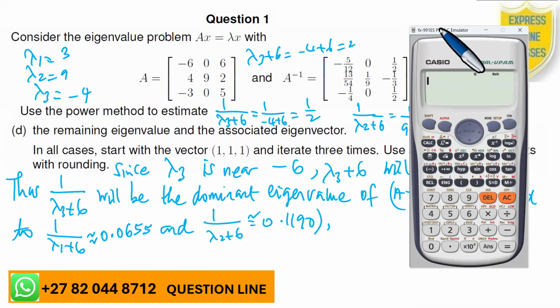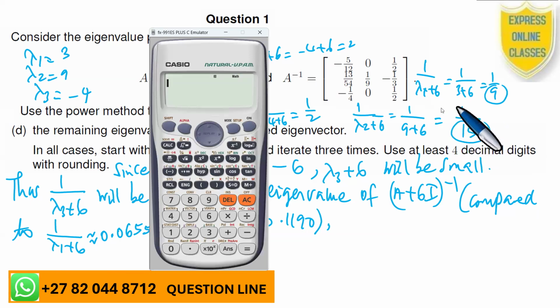So for example, within 1 over lambda 1 plus 6, if lambda 1 is 3, either we can say lambda 1 is 3 or 9. So let us say it is 3 and then we have 1 out of 9. Right, so 1 out of 9 gives us 0.1 recurring. And then if you do 1 out of 15, right, 1 out of 15.